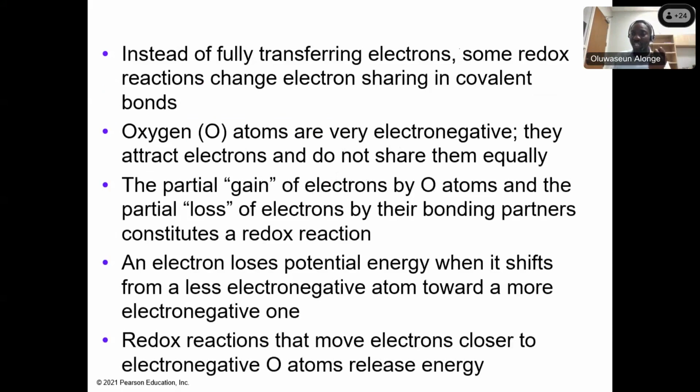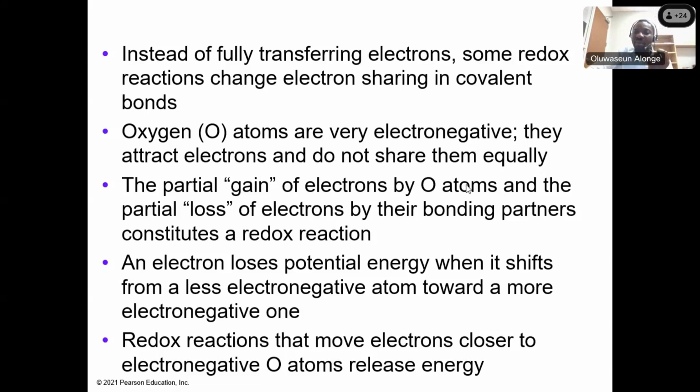So they share electrons in a partial way, and that's why they form polar compounds with hydrogen to form the water molecule. They attract electrons and they do not share them equally. You see that? They share unequally, which is what we call a polar covalent compound.